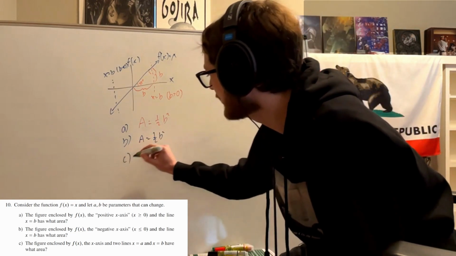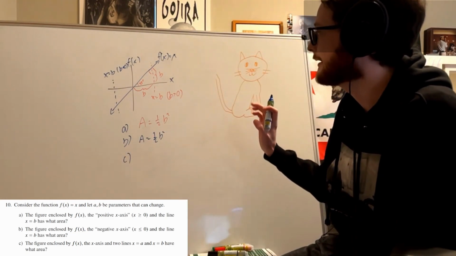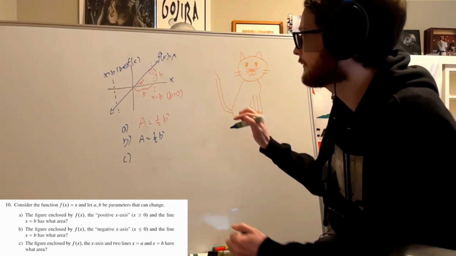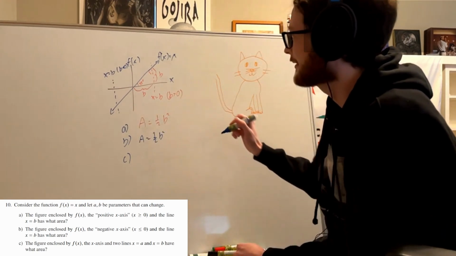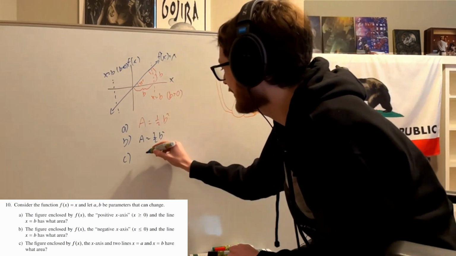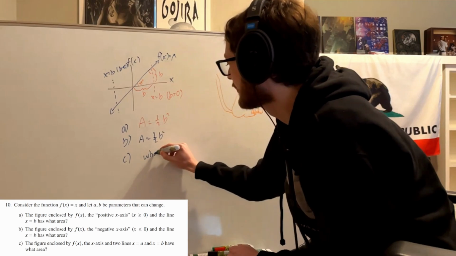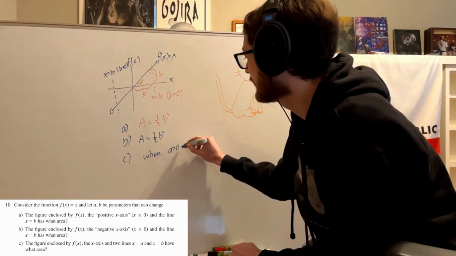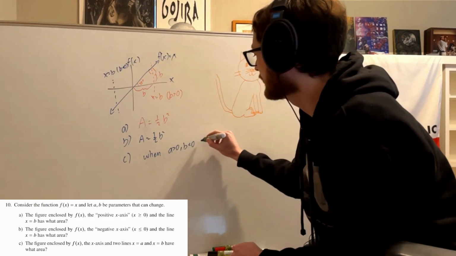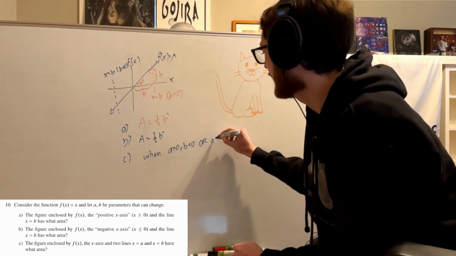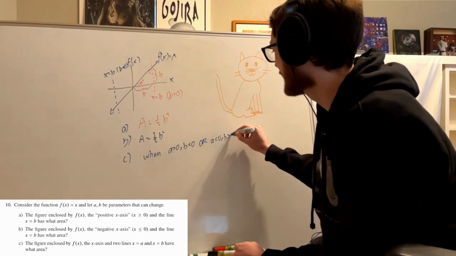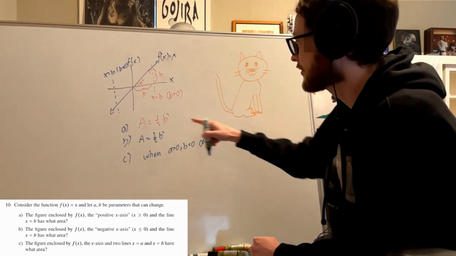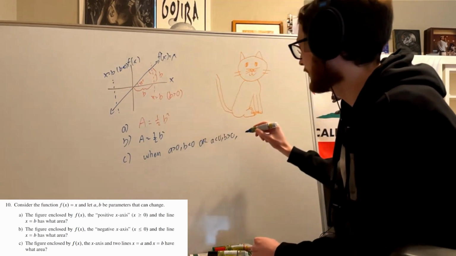Okay, so then for C, I want to examine some different cases here, because we've already kind of drawn the case. If we have the case when a is greater than 0, b is less than 0, or a is less than 0, b is greater than 0, basically when they're on opposite sides of the y-axis, I would expect that we just add these two together, because we've already done that work.